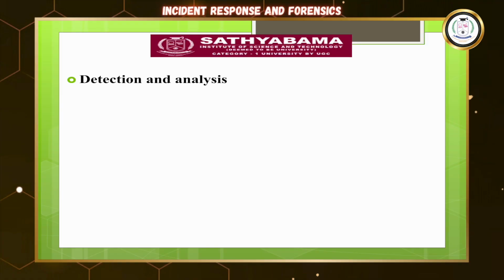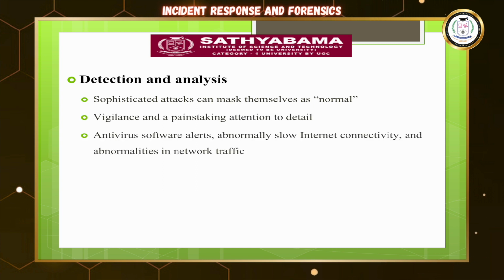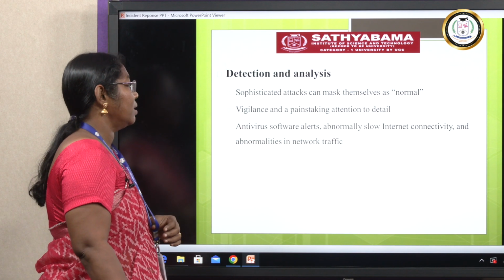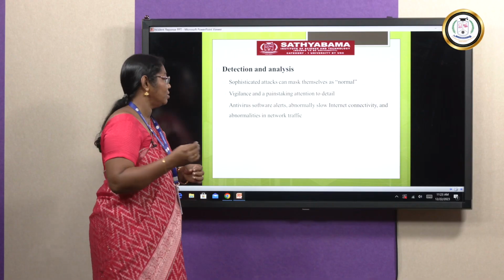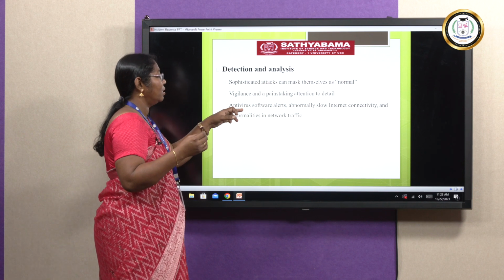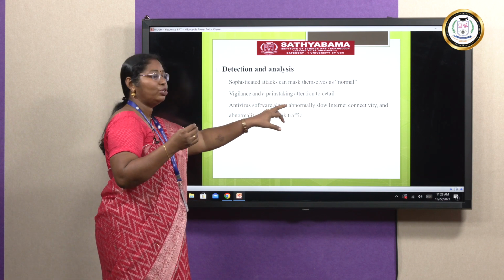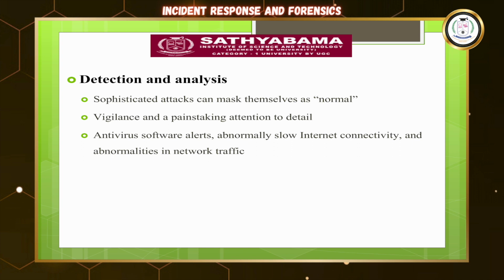The next phase is detection and analysis. Sophisticated attacks can mask themselves as normal, so detection requires vigilance and painstaking attention to detail. Antivirus software alerts, abnormal internal connectivity, and abnormalities in network traffic help.